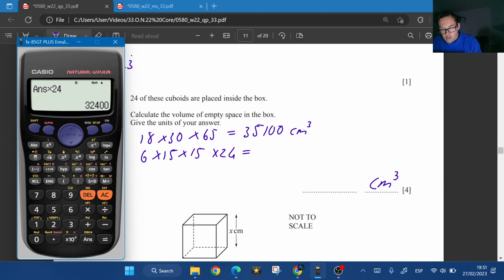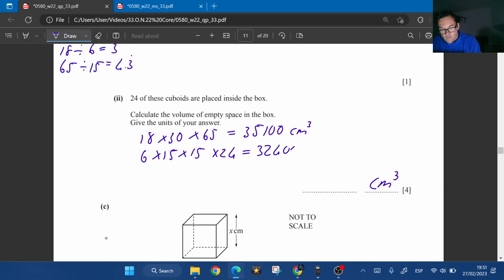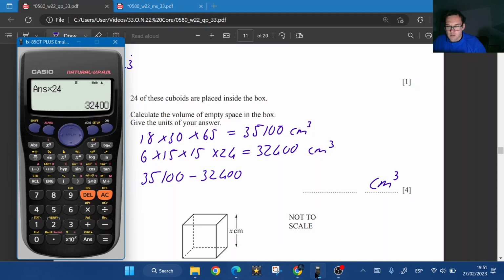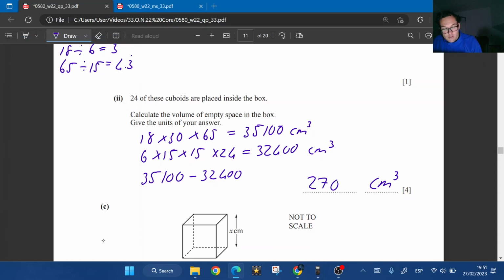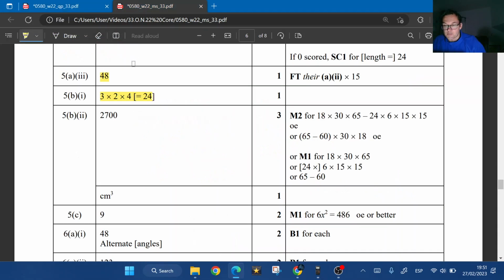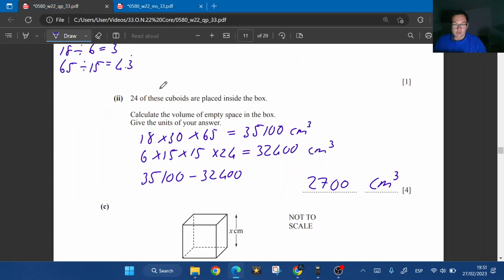And that gives us 32,400 centimeters cubed. So if we subtract that, we will get what is left. I'm sure there's another way to do this as well, but this one worked for me. So 35,100 minus 32,400. 2,700 centimeters cubed it is. Sweet. 3 marks for that and 1 mark for the units. Don't forget that.